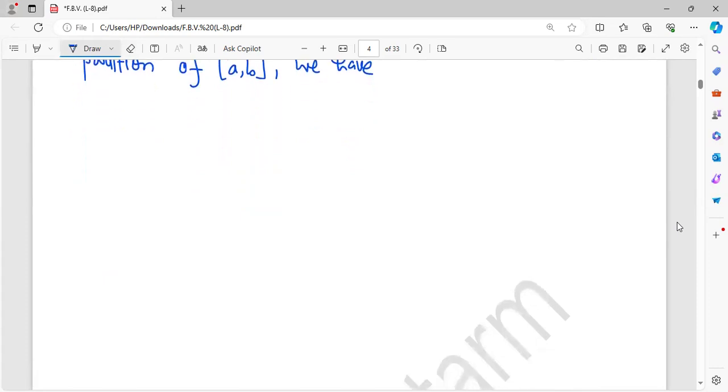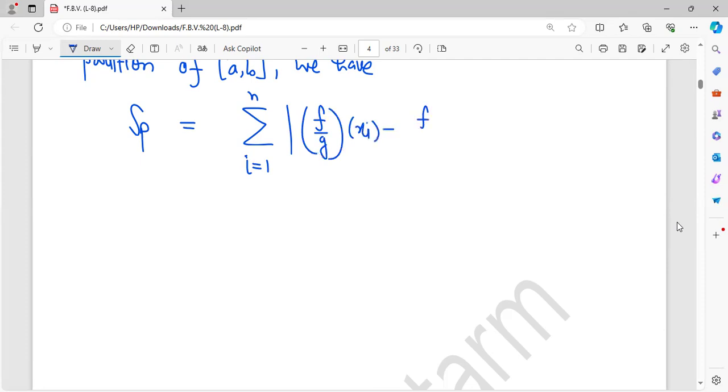So what is V(P)? V(P) is equal to the summation i goes from 1 to n of the absolute value of f upon g at x_i minus f upon g at x_{i-1}.